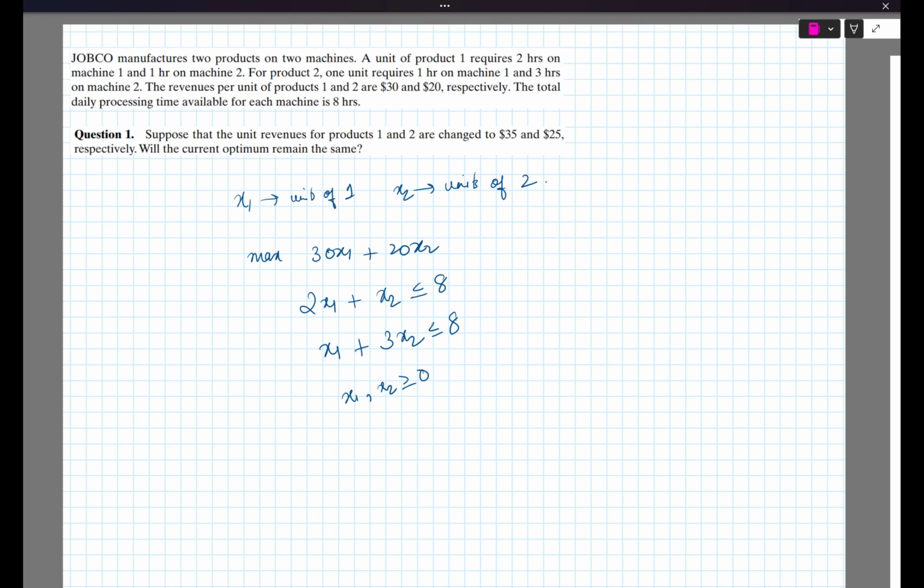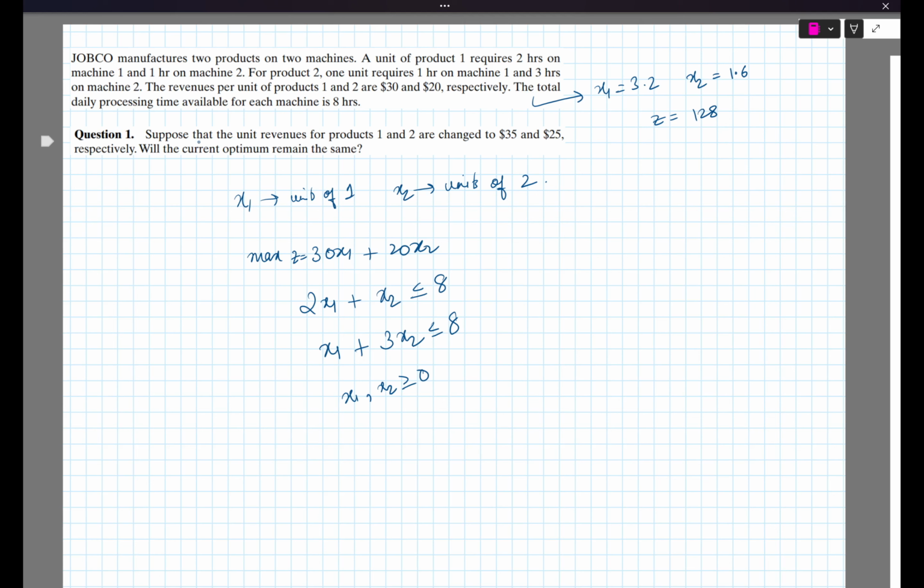Okay, the solution is there actually. So the solution for this is x1 equal to 3.2, x2 equals 1.6, and z is 128.